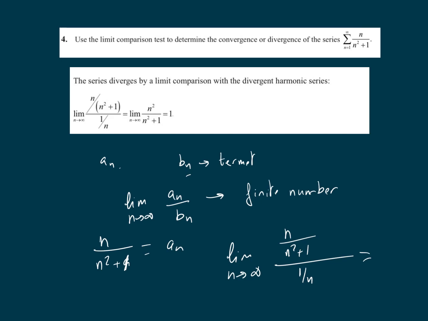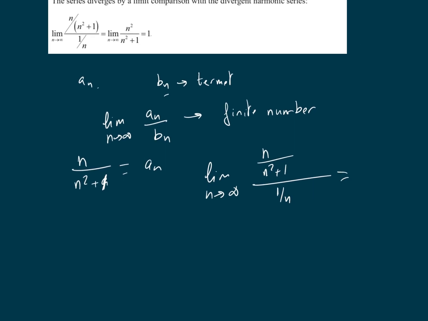Okay, let's do this limit. So this limit is the limit when n goes to infinity of n divided by n squared plus 1, divided by 1 divided by n, which is the limit when n goes to infinity of n squared divided by n squared plus 1.